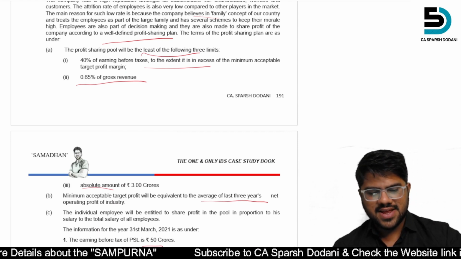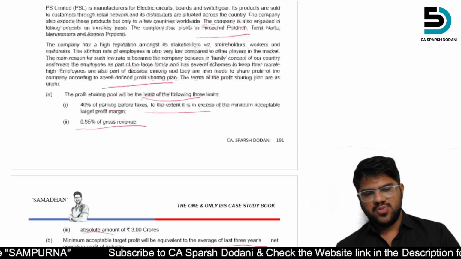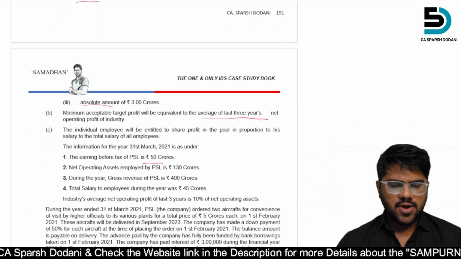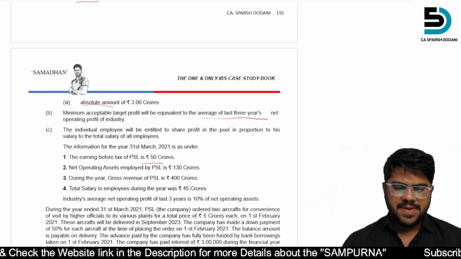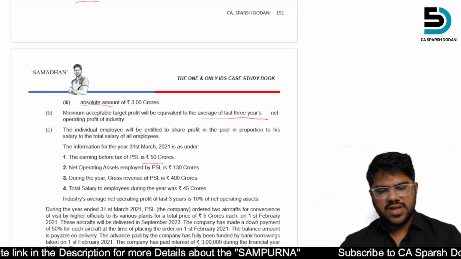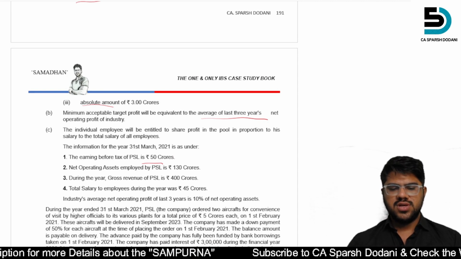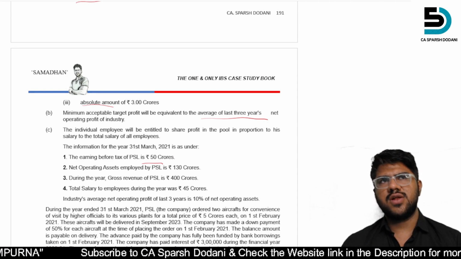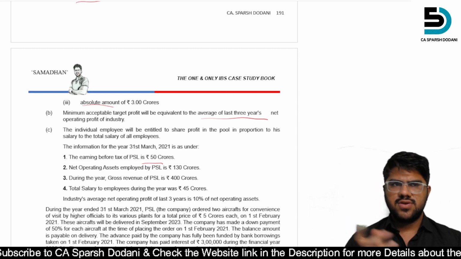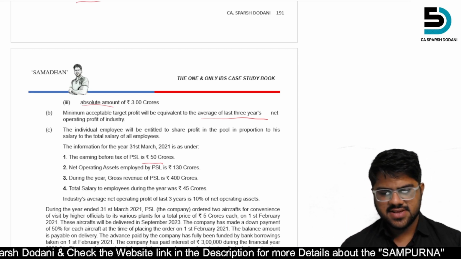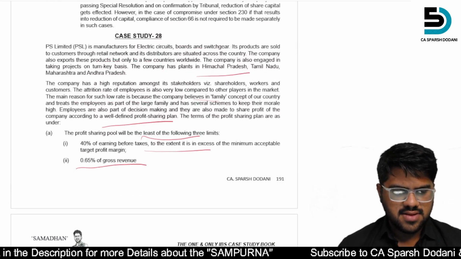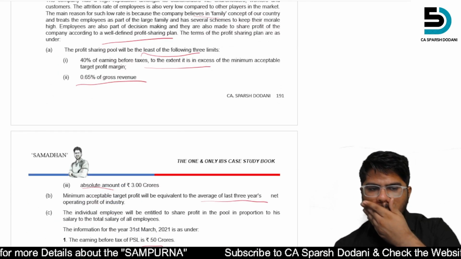So anyways the 3 crores is less than 20 crores. तो मुझे नहीं लगता वो पॉइंट तो आपका आएगा, but let us see. Then again, net operating assets employed by PSL is 130 crores. During the year gross revenue is 400 crores. अब ये 400 crore का भी 0.65%. It roughly comes around, I guess, 2.6 crore it is. Yes. Right.